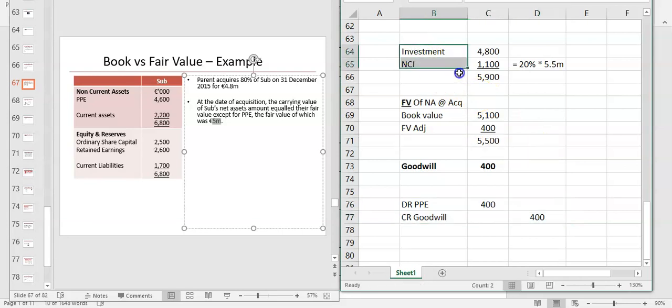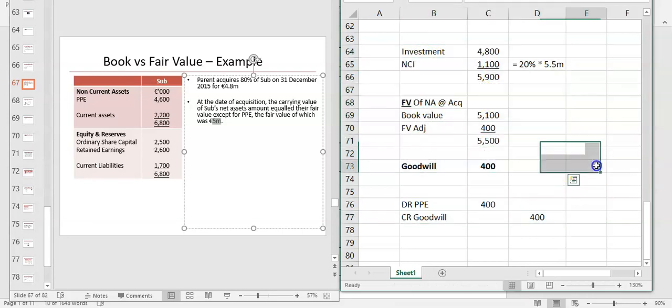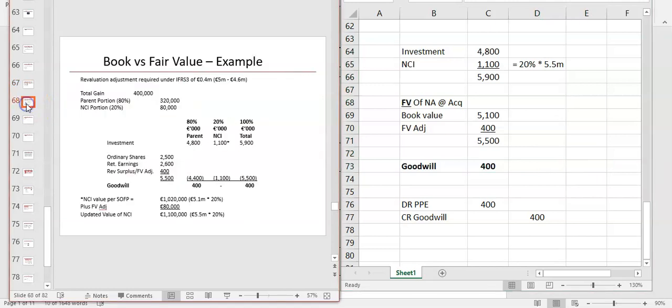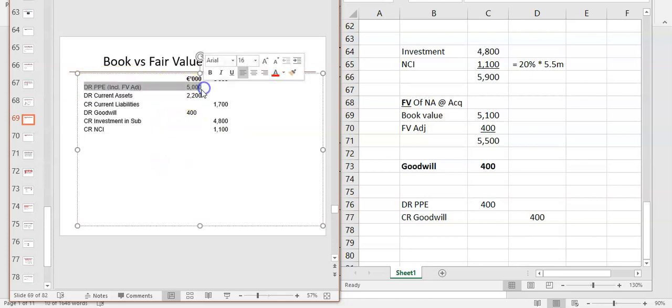If we're doing the overall journals for goodwill together, one alternative is the one that's given in the slides. So this is how you calculate it out. But one alternative here is to do the individual assets and the individual liabilities, because we have all of them. So bring in the asset at its 5 million, including the fair value adjustment. Bring in the sub's current assets.